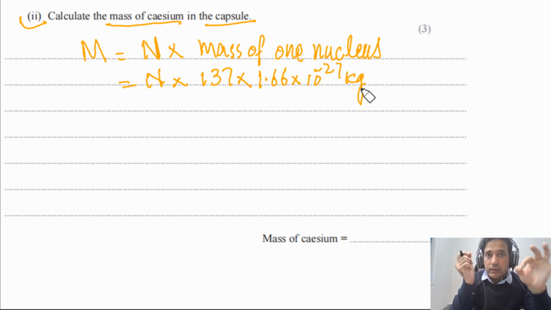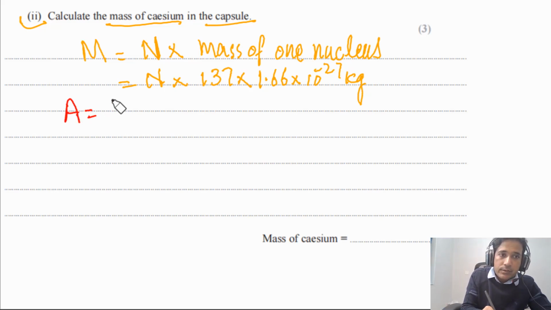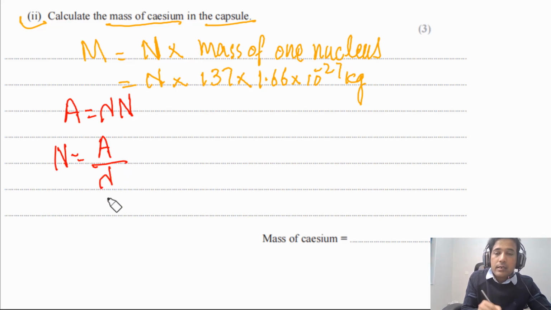Now we need to find the value of N. Which formula do we have in nuclear physics which relates decay constant, N and activity? You need to recall a little bit. We have the formula A is equal to lambda times N. We have the initial activity, and we have calculated lambda, so we can find N. So N will be equal to the initial activity divided by the decay constant.